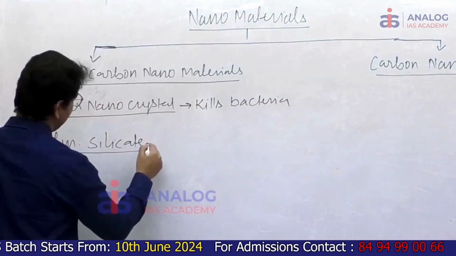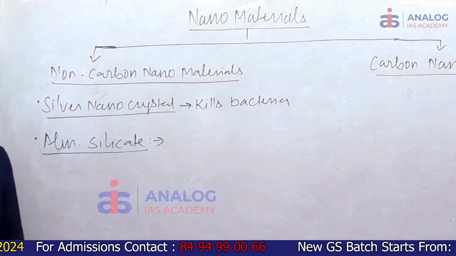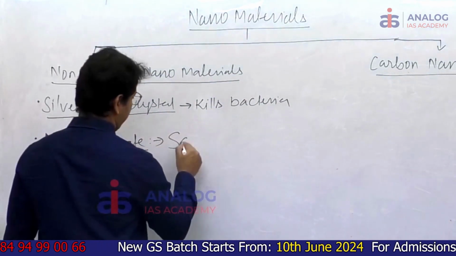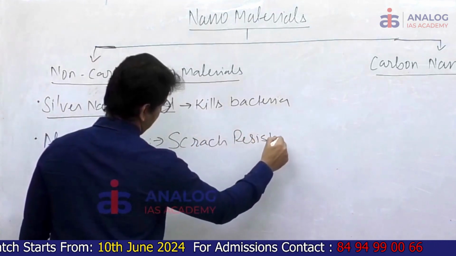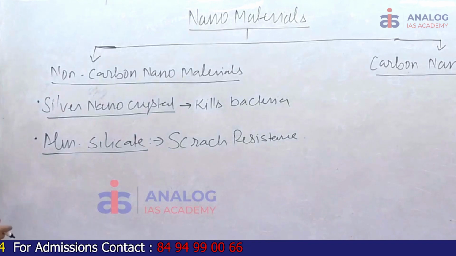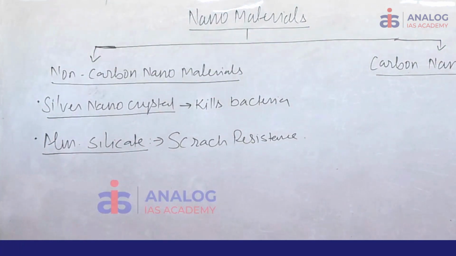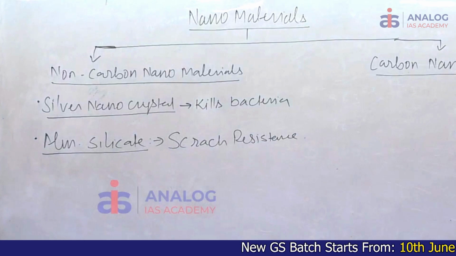Whereas aluminum silicate can be used to make a scratch resistant surface, right? I mentioned aluminum silicate on a glass, mobile phone, even in spectacles, we have this kind of thing which can make the surface scratch resistant.